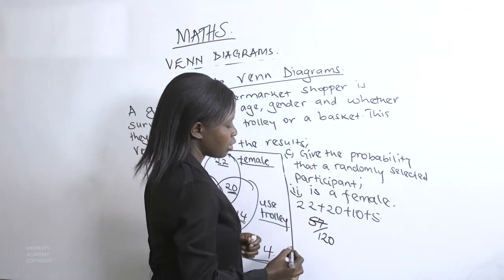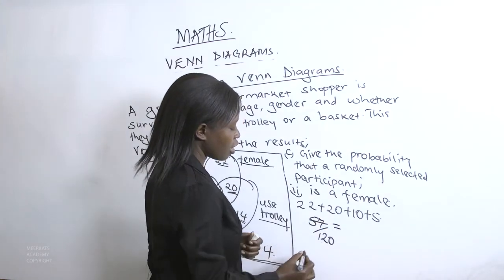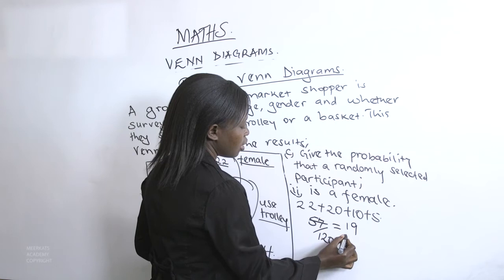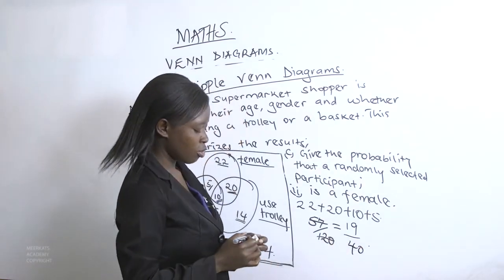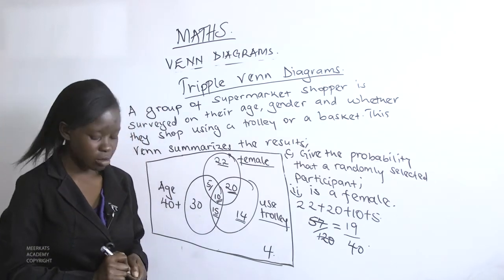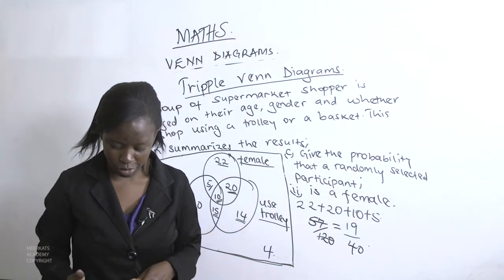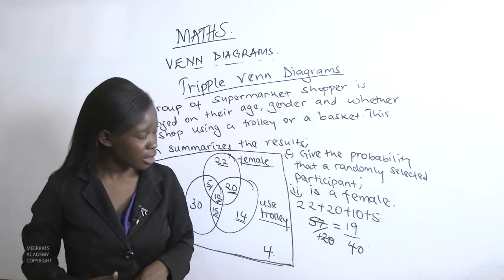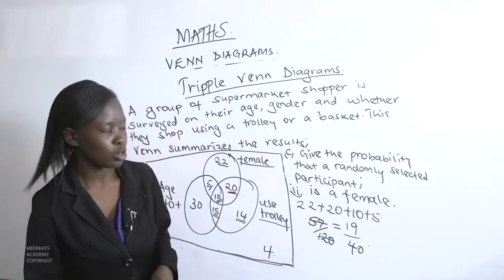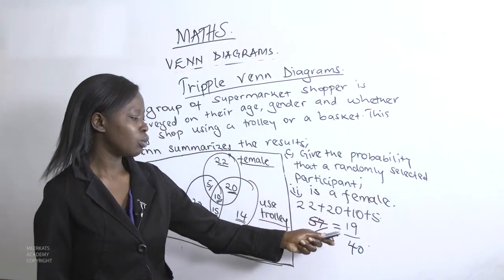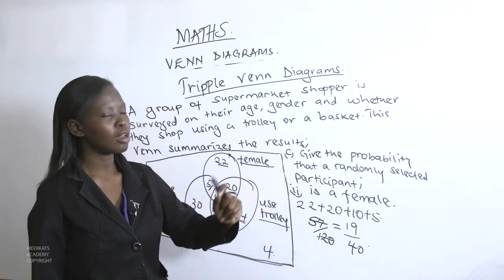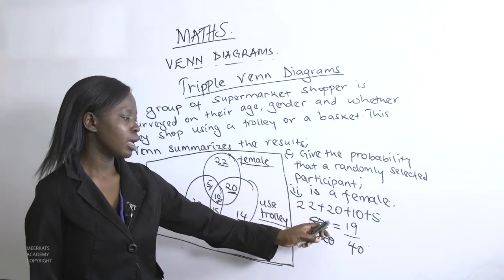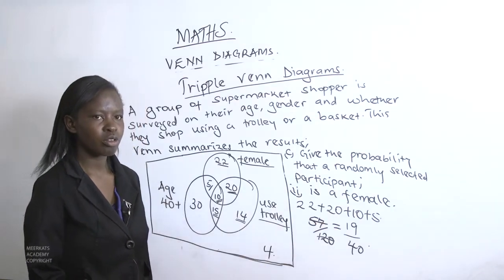If we simplify, 3 into 57 is 19, and 3 into 120 is 40. So the probability that a person selected at random from this group is a female is 19 out of 40.